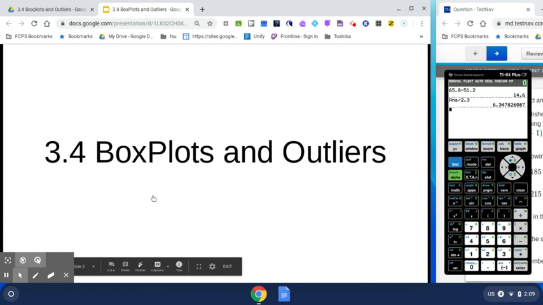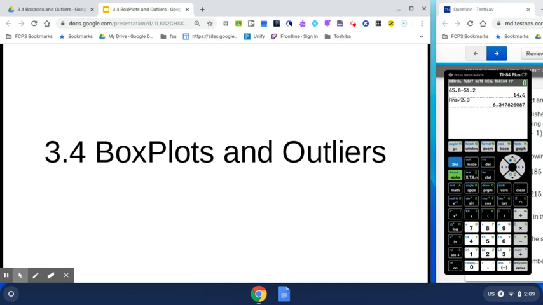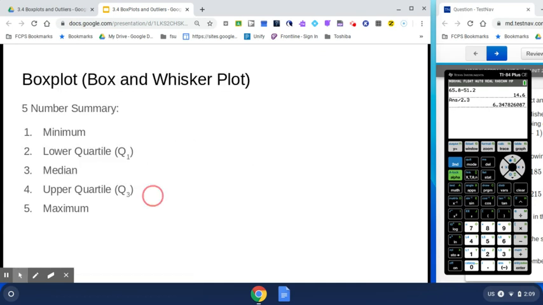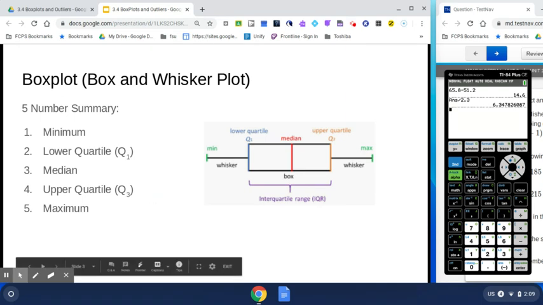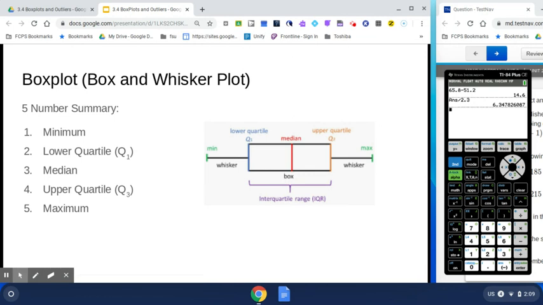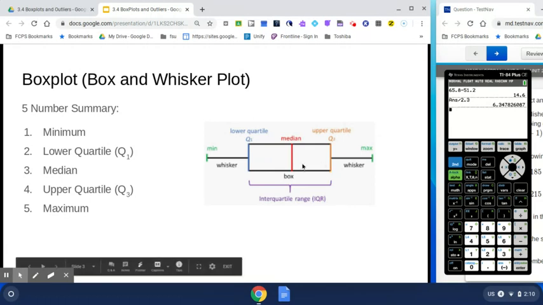Today's lesson is going to be talking about box plots and outliers. Okay, so first of all, just a reminder that a box plot uses the 5-number summary in order to make a box plot. Those 5 numbers are the minimum, quartile 1, the median, quartile 3, and the maximum. I put a picture to the right of a box and whisker plot, or a box plot.